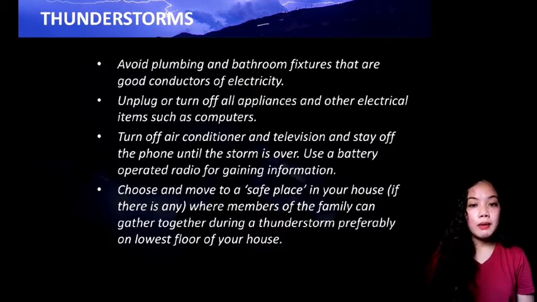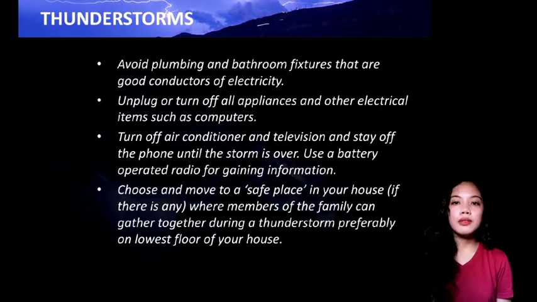Instead, use a battery-operated radio for gaining information from the outside. Next, choose and move to a safe place with your family in your house if there is any available. Members of the family can gather together during a thunderstorm, preferably on the lowest floor of your house.